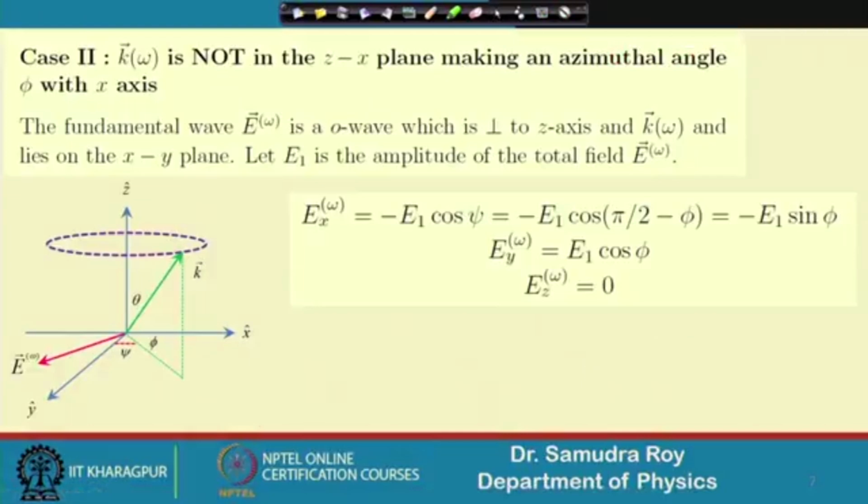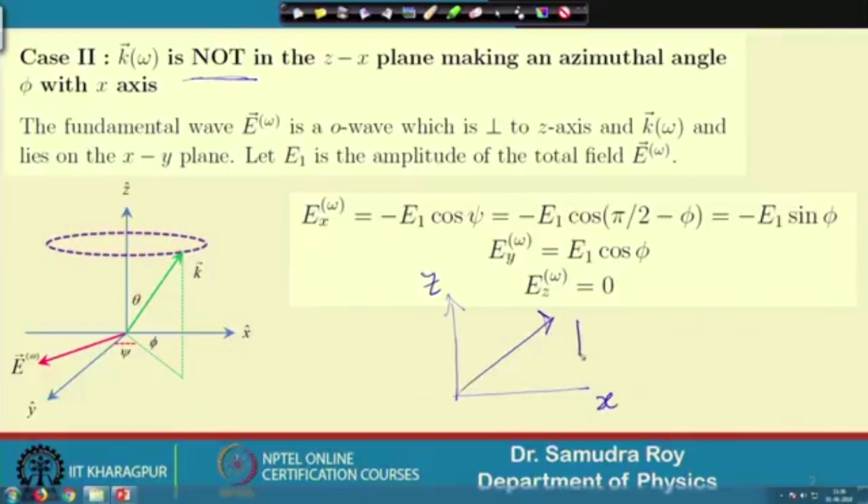Okay, that was case 1. Now in case 2, we are going to launch k not in the zx plane. Please note that here we are not launching that. Previously, this was the direction of z, this was the direction of x, and k was in this direction and also in this particular plane.